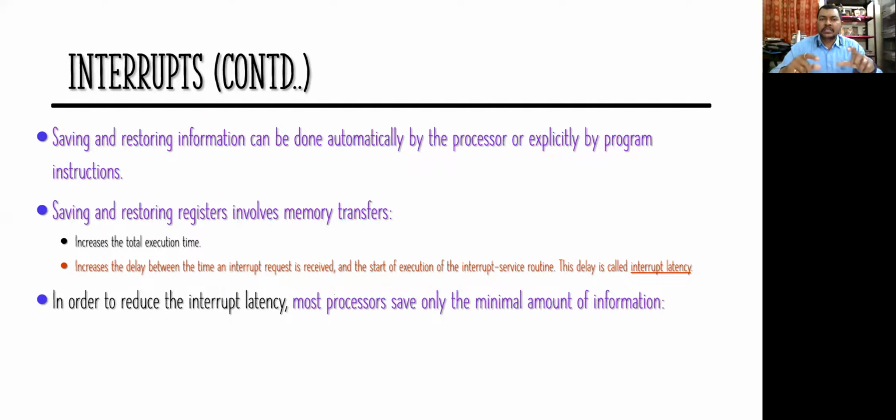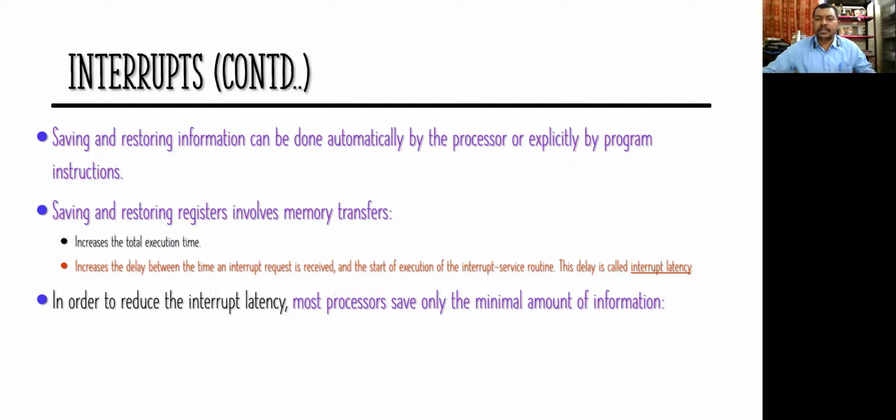Now, the time between the interrupt being received and the interrupt acknowledgement being given, this particular time lag is called the interrupt latency, or interrupt delay, right? So that is all that.